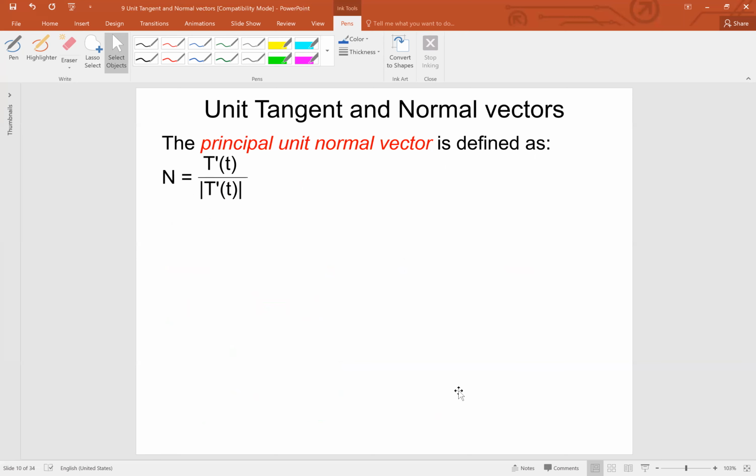The principal unit normal is now the derivative of the unit tangent. Because the unit tangent has constant length 1, N, which is the derivative of the unit tangent, is perpendicular to the unit tangent, or perpendicular to the tangent.